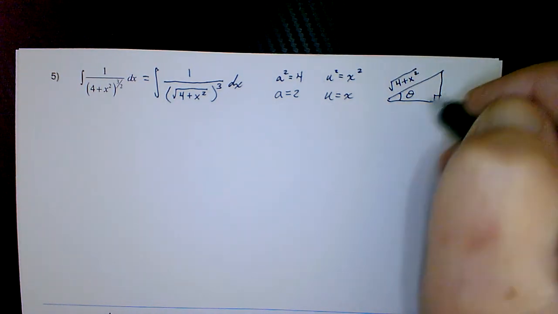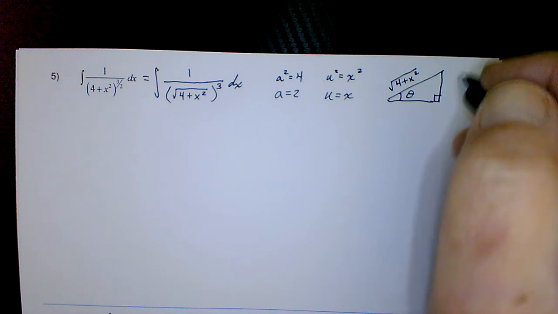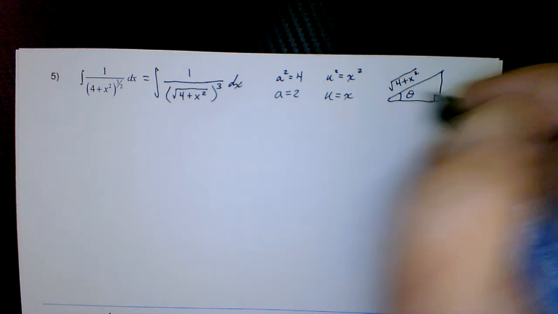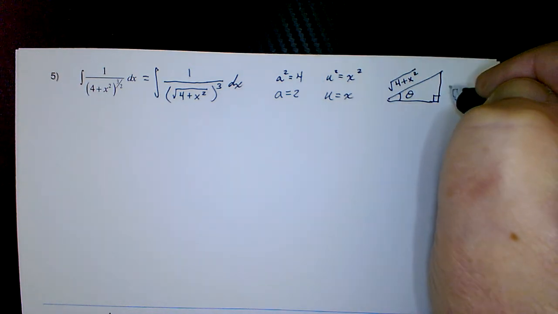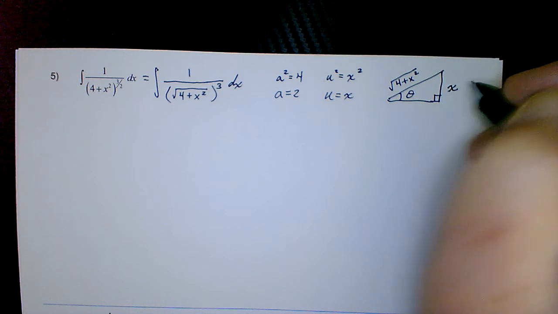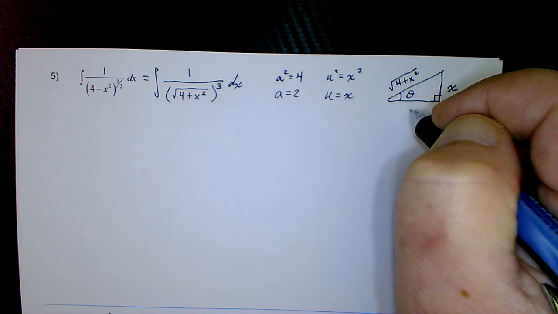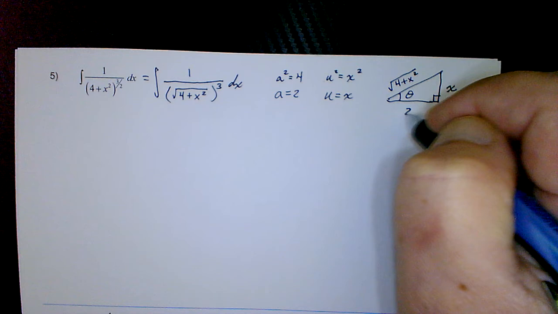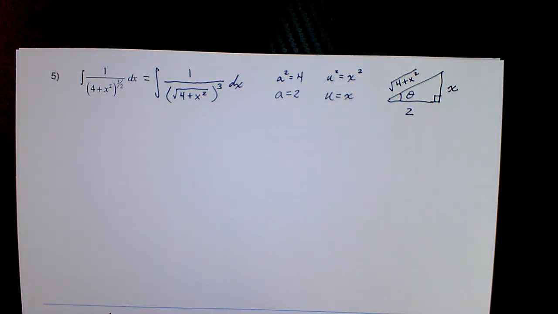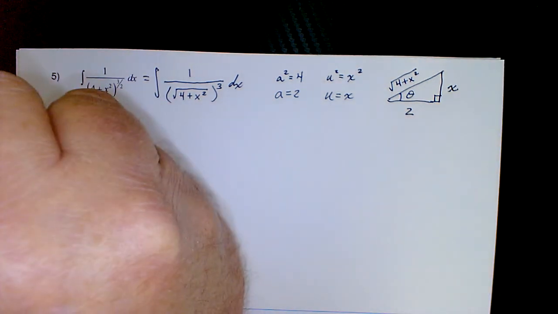And so we'll label our legs as our u and our a, or the x and the 2. And in this case, it's convenient to make the choice of u opposite of theta. Okay, now for the two major steps.